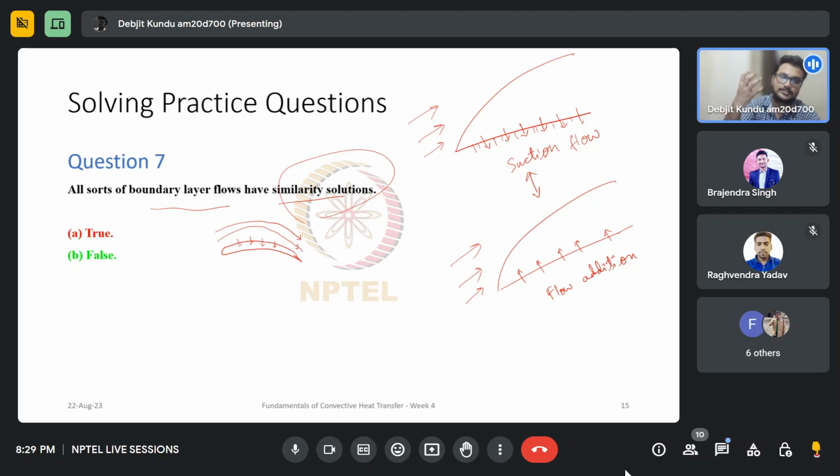So a certain suction is applied so that the boundary layer does not separate. As a result, the wake formation behind is suppressed, and as a result, it gets lesser drag and more lift. This is a very practical engineering application where this is used, and in this case similarity solution can't be applied. Clear? Am I making sense?